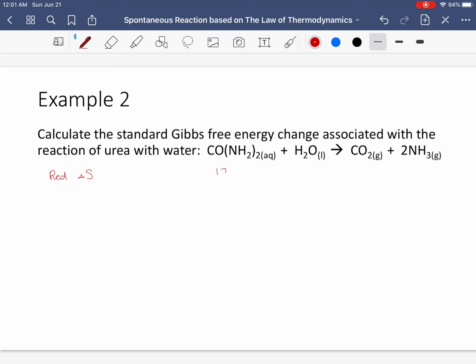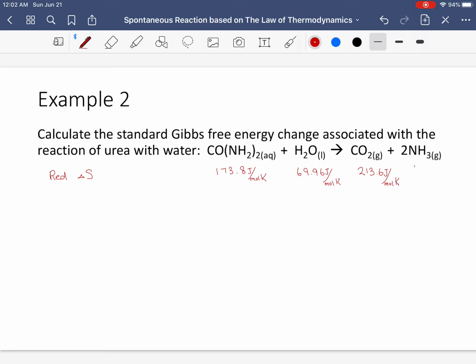Urea is actually 173.8 joules per mole Kelvin. Water is 69.96 joules per mole Kelvin. Carbon dioxide as a gas is 213.6 joules per mole Kelvin.